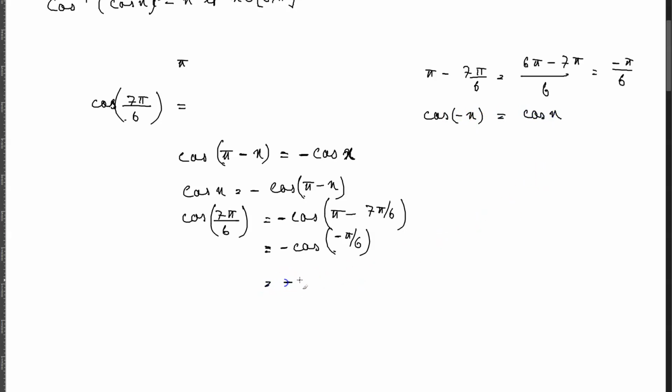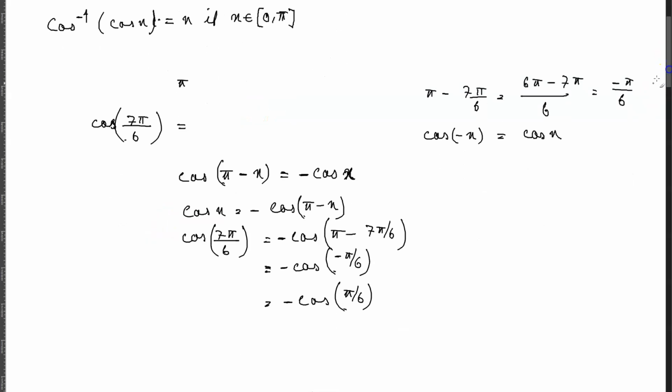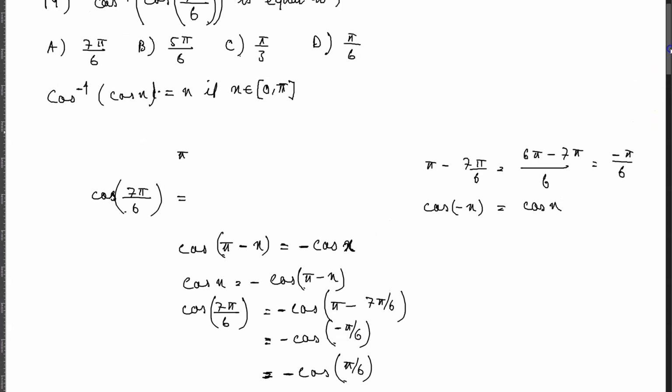So I can write this as negative cos of pi by 6, right? Now cos of pi by 6 is in this range, so I have no problem there. The only problem is that I have a negative sign there, so we'll have to take care of that.